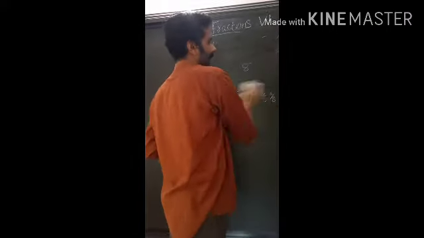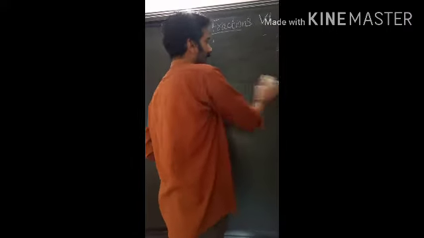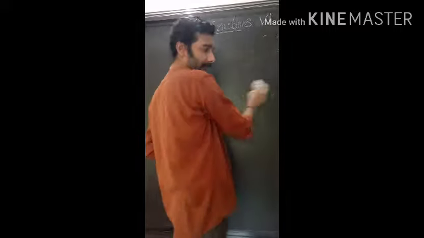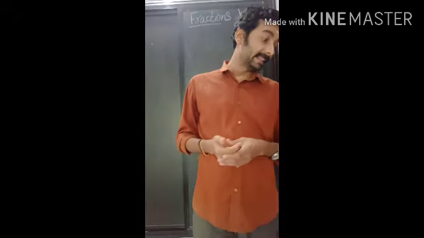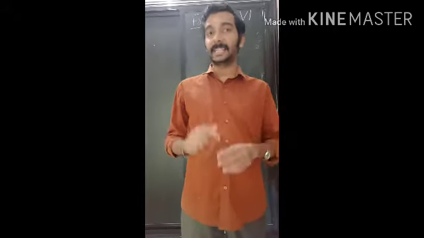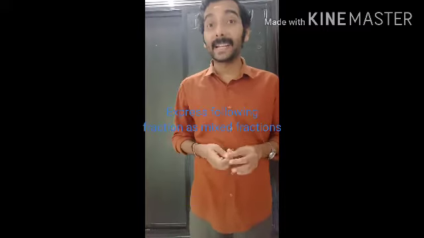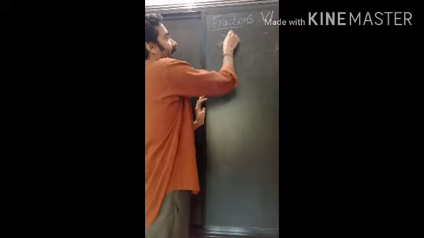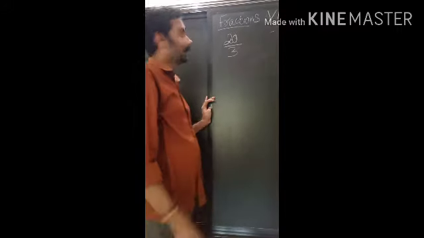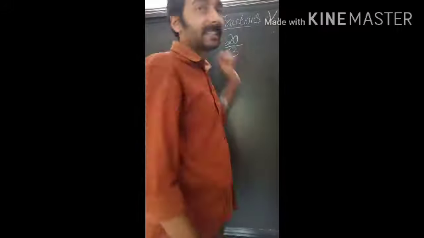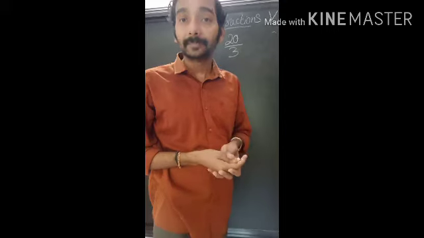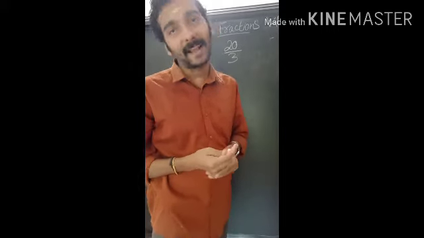Then the second question: express the following fractions as mixed fractions. The question is 20 by 3. This fraction is converted into a mixed fraction.